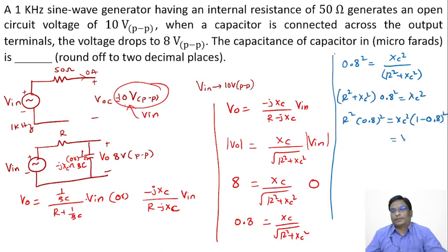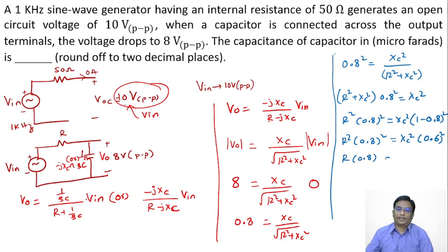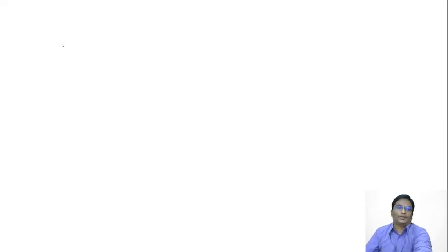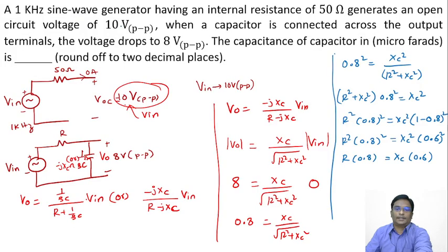And this value is XC square into 0.6 square. Okay, 1 minus 0.64 is nothing but 0.36. Okay, R square into 0.8 square. R into 0.8 we got like XC into 0.6. Equal to XC into 0.6.